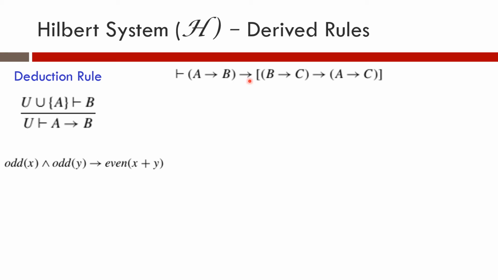When we consider this implication, on the left side we have A implies B. When we consider this implication, on the left side we have B implies C. And when we consider this implication, on the left side we have A. So in the set of assumptions, we will consider the three formulas A implies B, B implies C, and the formula A. With this set of assumptions, we are trying to prove this formula.